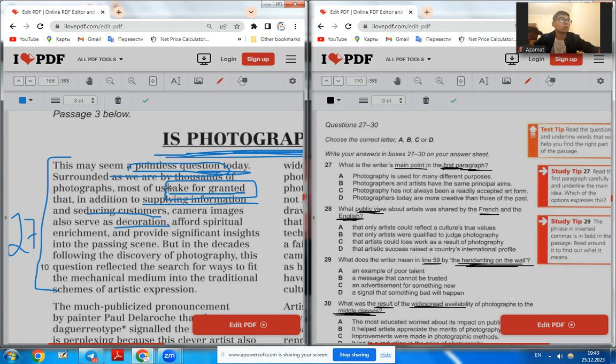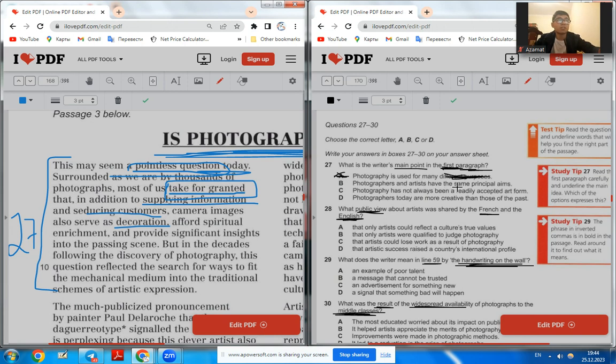So let's go to the answer choices. Photography is used for many different purposes. This is not the main point. Although in this paragraph there is information that it is used for many different purposes, it's not the main point. The main point is that it's not accepted at a global scale. Most of us take it for granted.